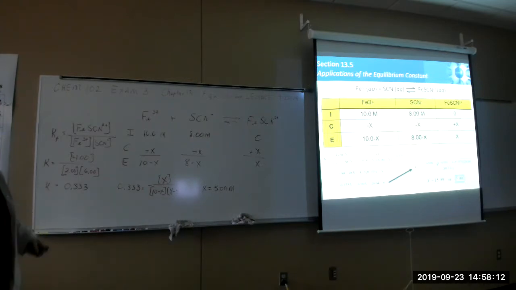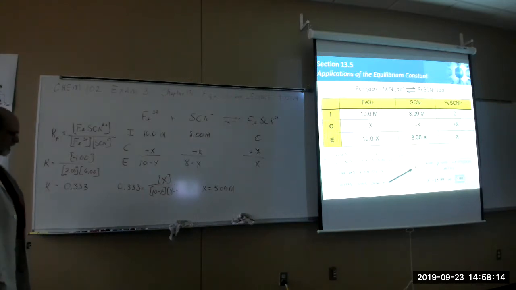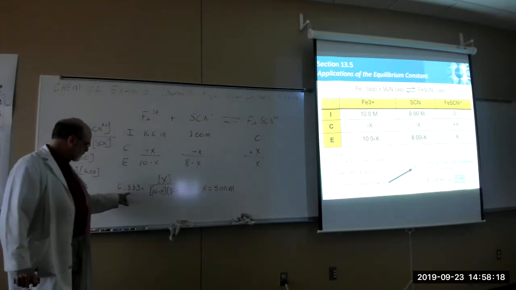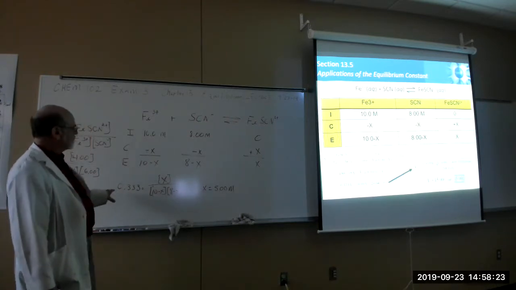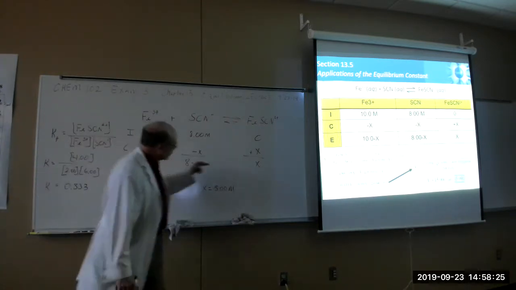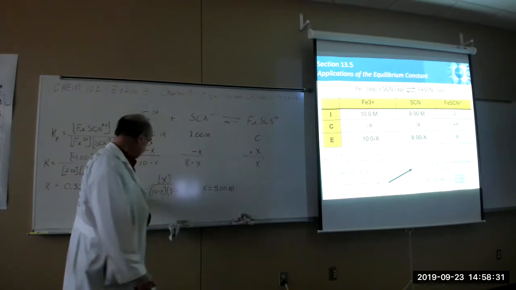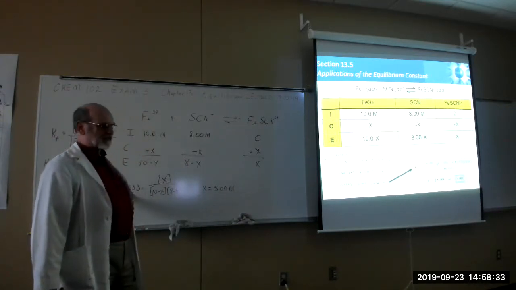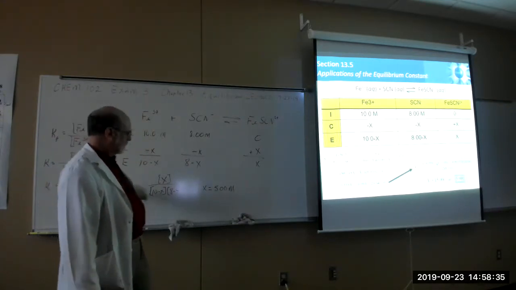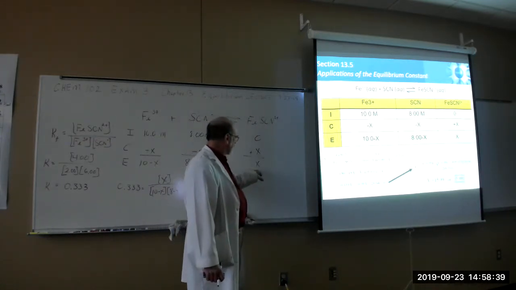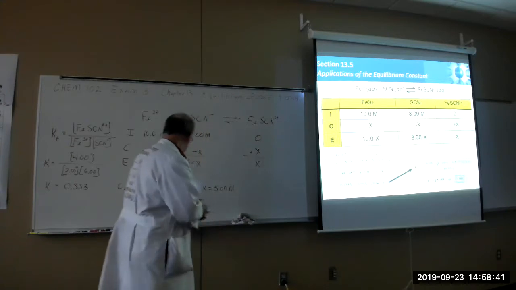Now, there's a shortcut that sometimes you can take. If this value is extremely small, then you know that you're going to produce very little product, right? We just said this is very small, like 10 to the minus 3. This is only 10 to the minus 1, but if it's 10 to the minus 3, then we know it's going to produce very little of that.